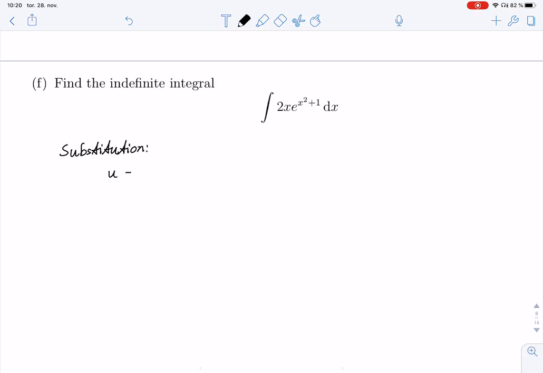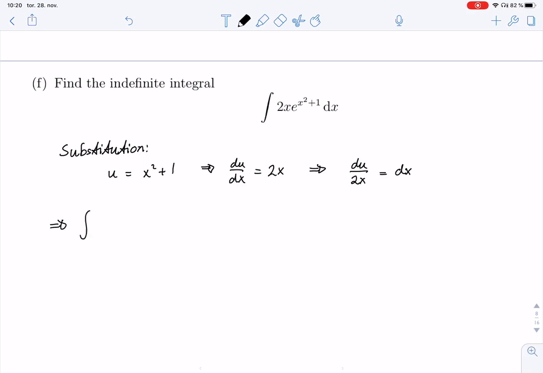So you simply put u equals your problem, so to say. You get du/dx equals 2x. If you multiply with dx and then divide by 2x, you get this.